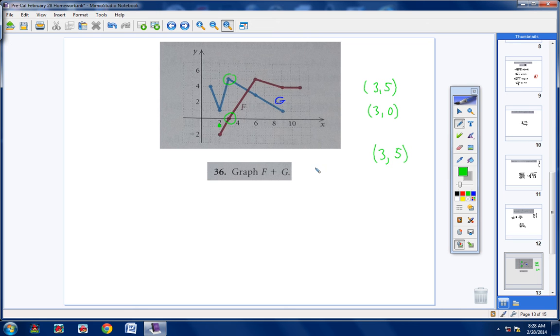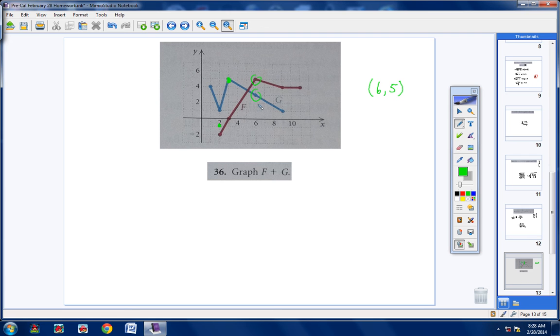So you would get 3, 5. So I'm going to go ahead and do that. And my next ordered pair is going to be 3, 5. So right here. All right. Now the next 2 pairs that I see on top of each other would be this one and this one. And that's going to be 6, 5 is the top ordered pair.